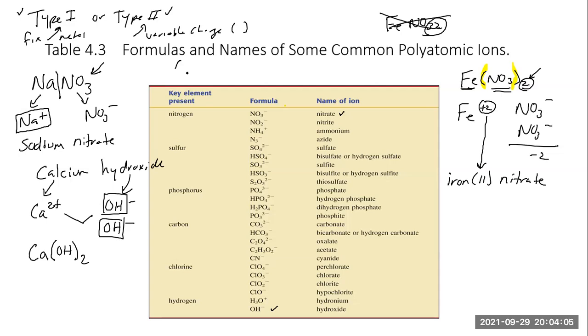So if I had (NH4)2S, and if I had copper(II) phosphate, again here, we would look at this and see that's NH4 plus, which is our ammonium. And that is S, which is sulfide.